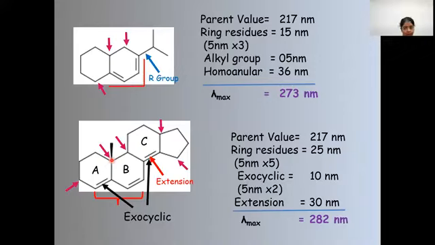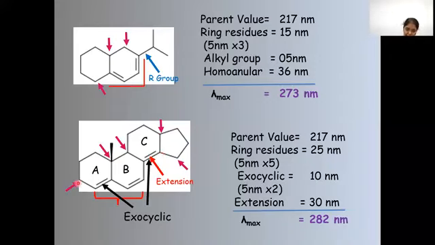If any double bond is present in the conjugation, then our molecule will be extended conjugation. That means the parent compound is up to the 4th carbon, but we will consider our parent molecule up to this carbon, and up to this carbon, whatever substituents are attached will be added to the parent value.